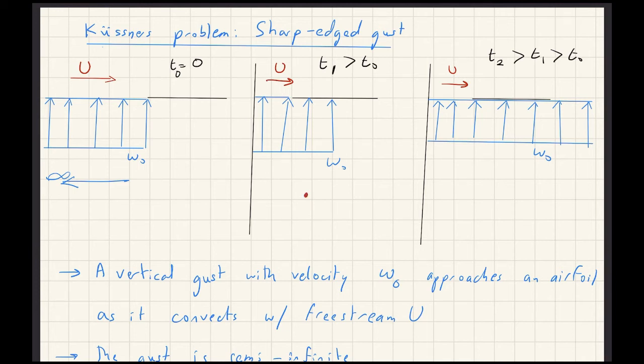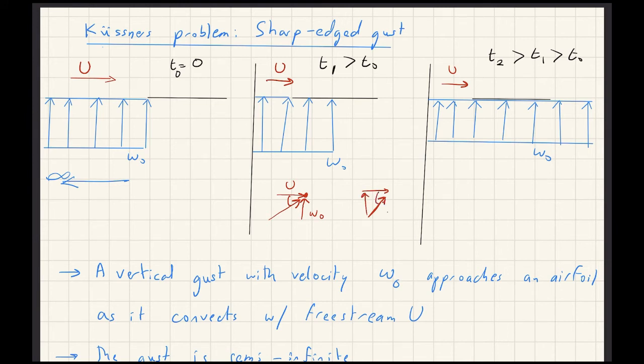A point inside the gust has a free stream velocity u and an upwash of w naught, and this is some point on the wing. Thus, the resultant of those two vectors looks something like this, at an angle, where this angle is, I believe, this.